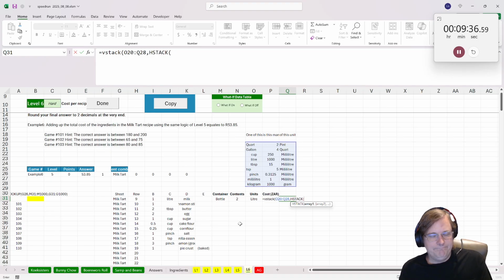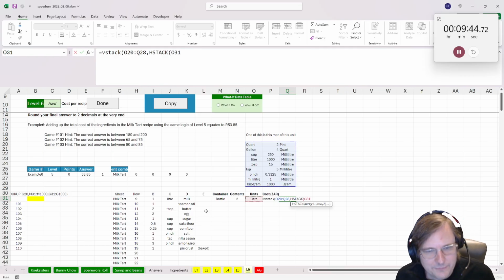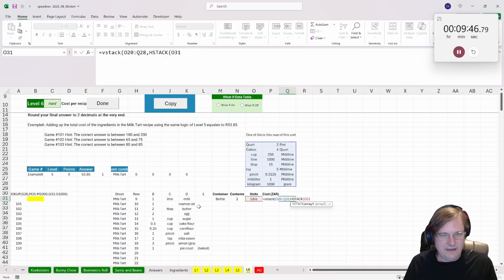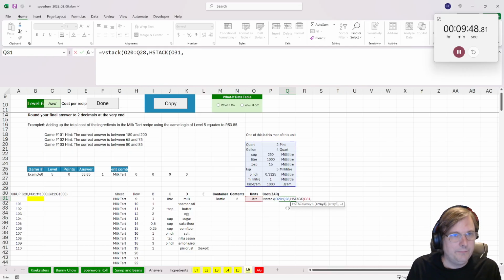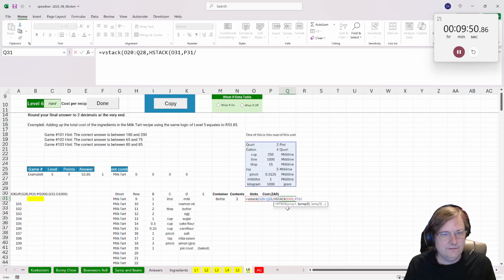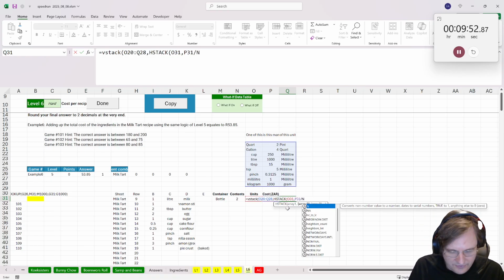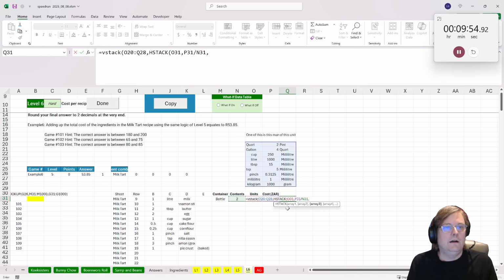So it is one of liter, how many ZAR, and it's P31 divided by N31. And then that is ZAR, right?